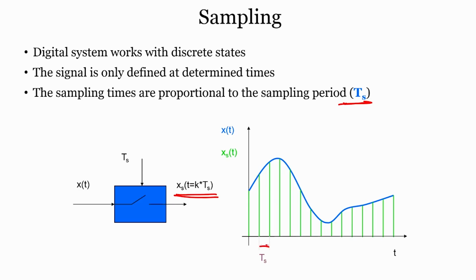This is the sampling period, this is my xs(t), and this is my analog signal x(t). So, when I apply x(t) with a sampling period, your value would be at t equals k times Ts, right. From this plot you can understand what this equation means.